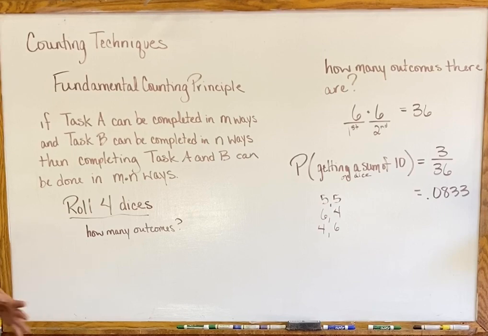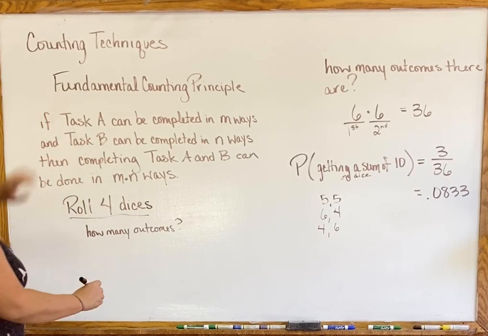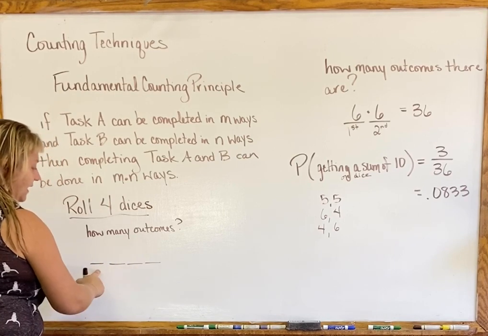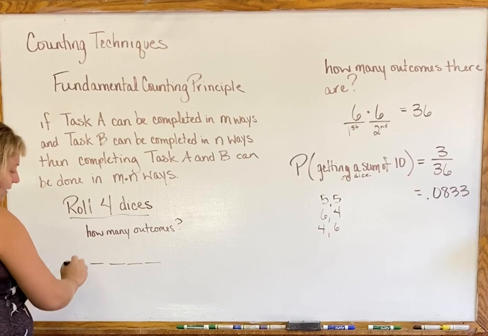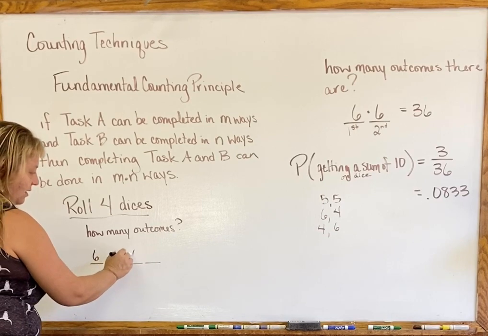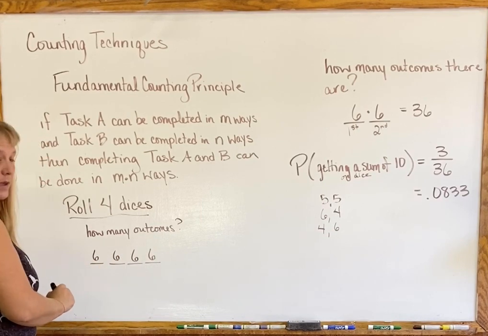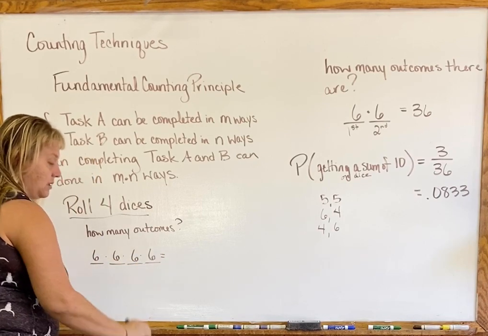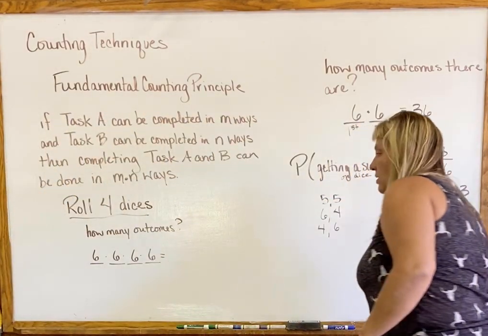Again, I'm not going to list these, I'm just going to use the fundamental counting principle and these little spaces. If each one of these represents a die, there are 6 options on each die, yes? So the fundamental counting principle says to multiply across. That would be 6 to the 4th power.